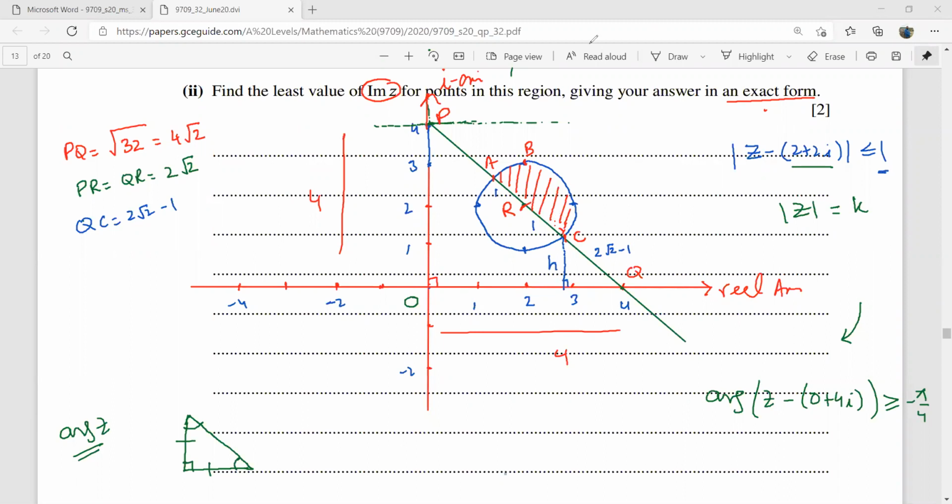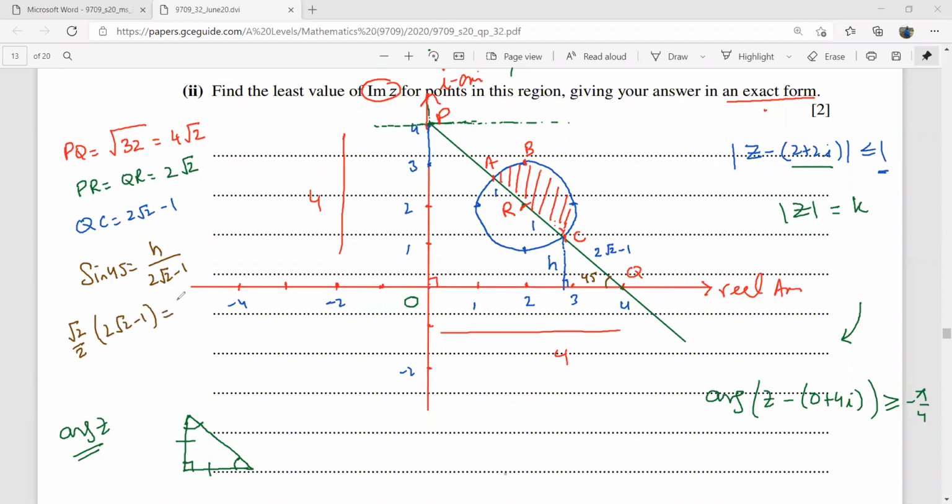So we know that this angle here is 45. We already know that. Can I say that sine 45 is equal to h over 2 under root 2 minus 1? And your sine 45 is under root 2 over 2 times 2 under root 2 minus 1.